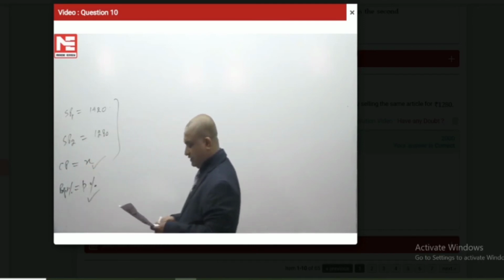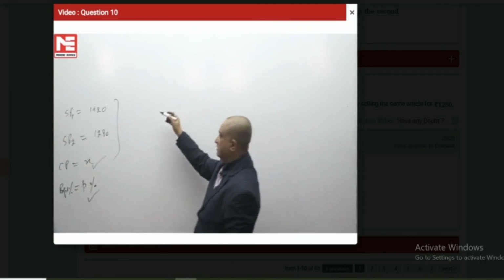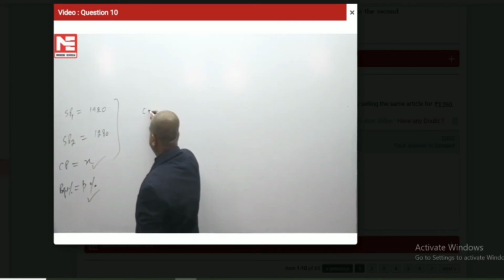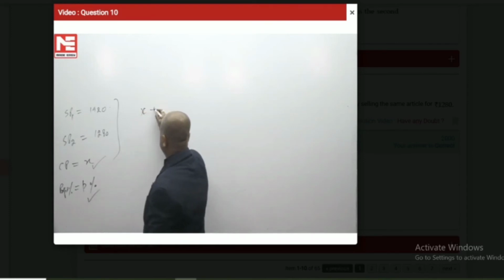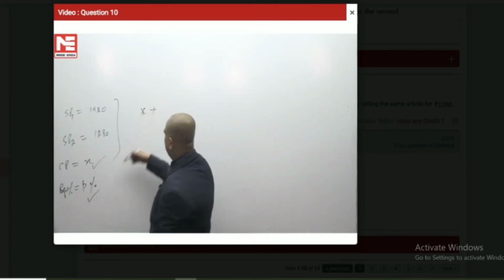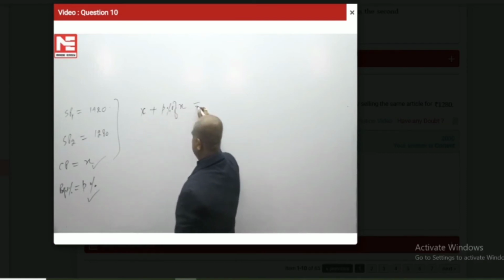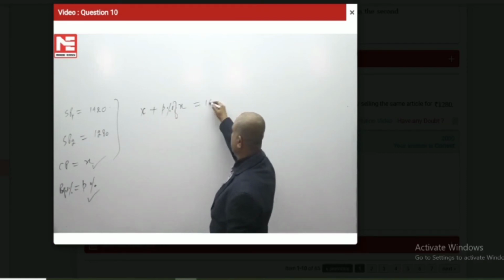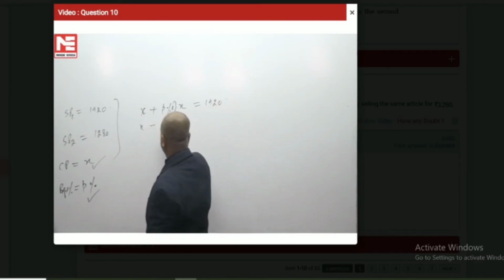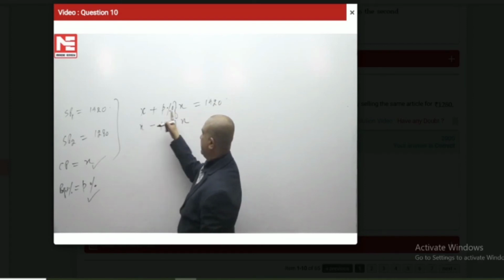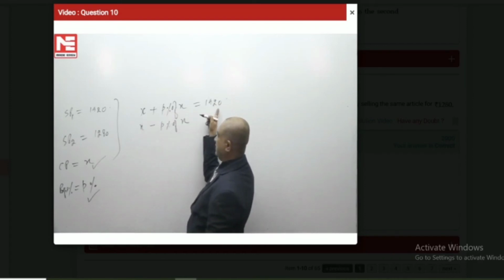So what we have here, we all know that CP is equal to X. In the first case, X plus there is a profit which is happening. How much is the profit? P percent of X. X plus P percent of X should be equal to 920. In the second case, the loss is happening, X minus P percent of X. On CP, if we add profit percent, it will come out to be selling price.